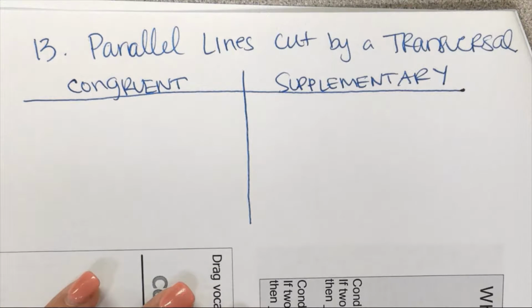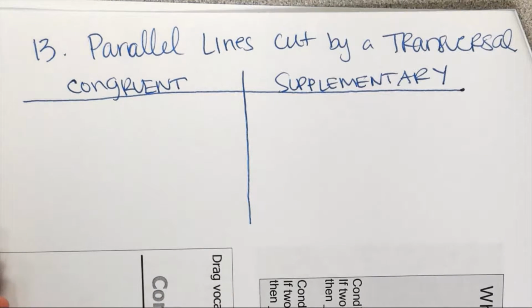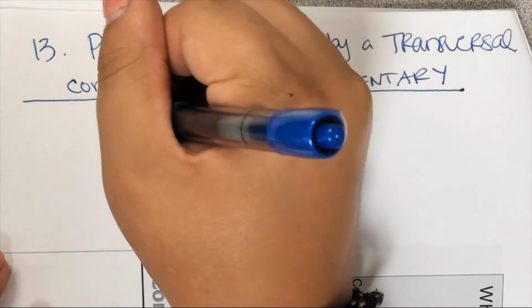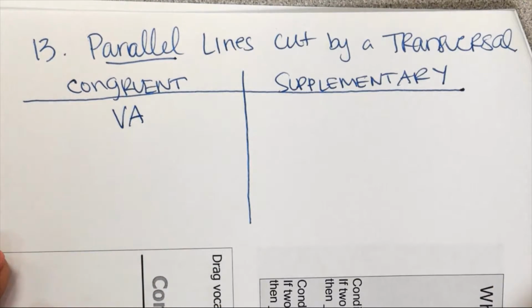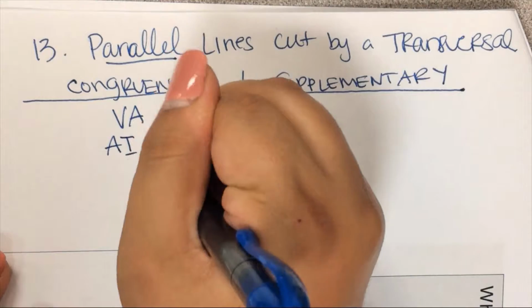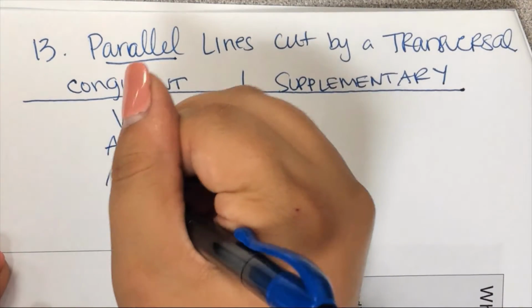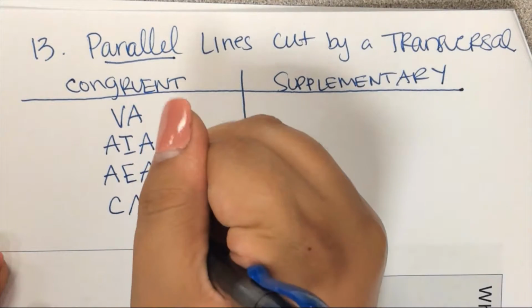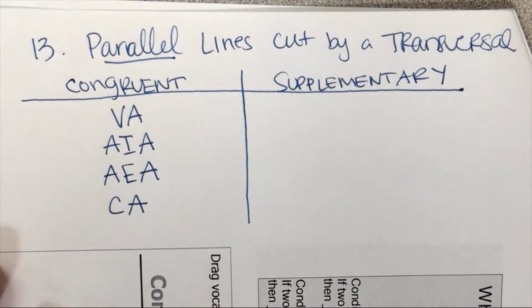So what are your congruent vocabulary words when they're parallel? It has to be parallel. And again, if I'm going too fast, just have the sub pause. Things that are congruent are vertical angles, alternate interior angles, alternate exterior angles, and corresponding angles.